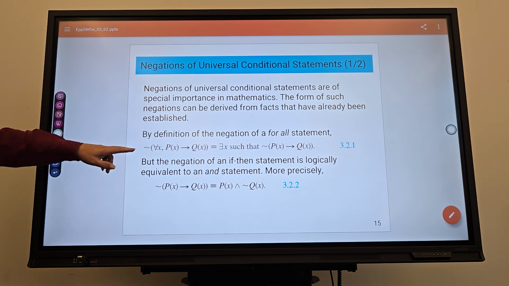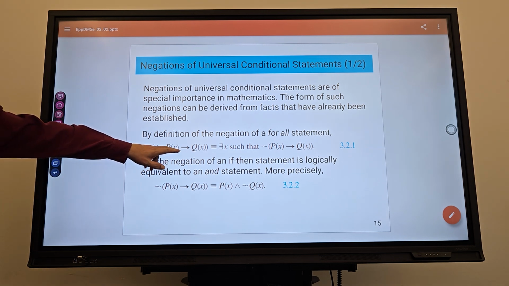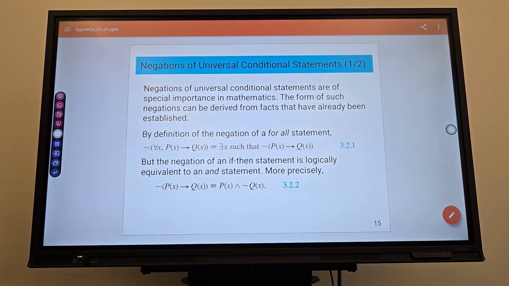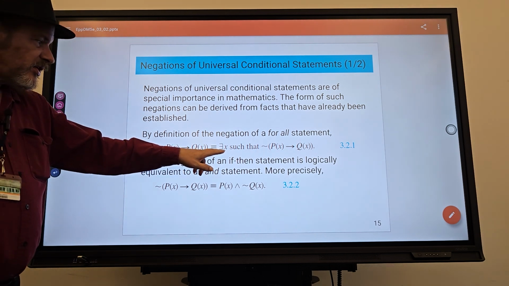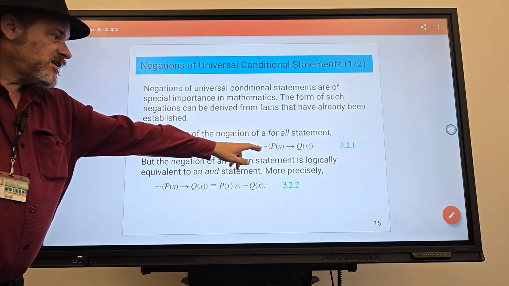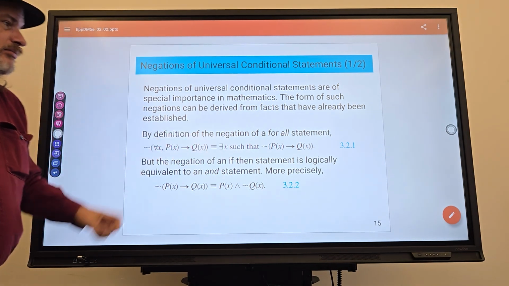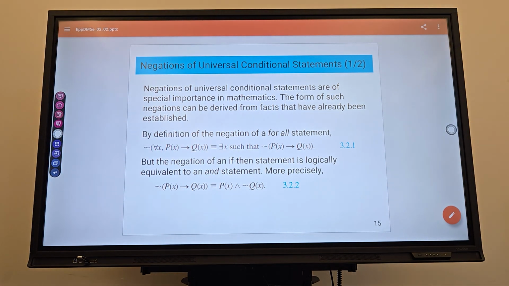The negation of for all x, p of x implies q of x, would be there exists an x such that p of x does not imply q of x. But the negation of an if-then statement is logically equivalent to an and statement.